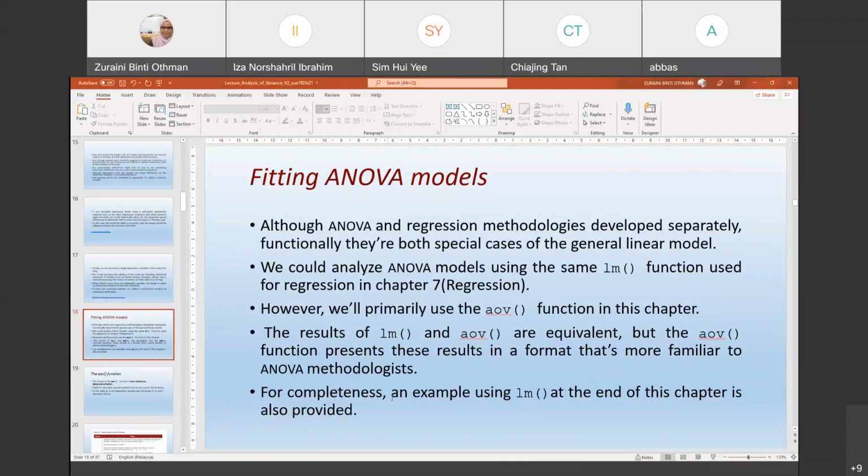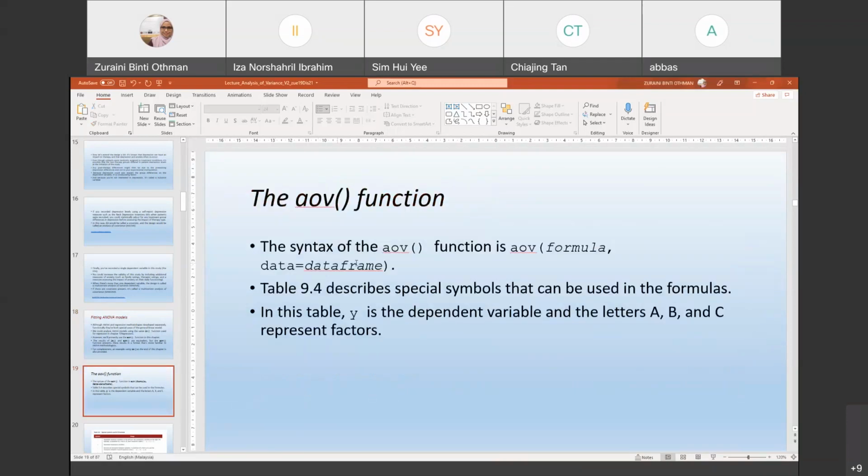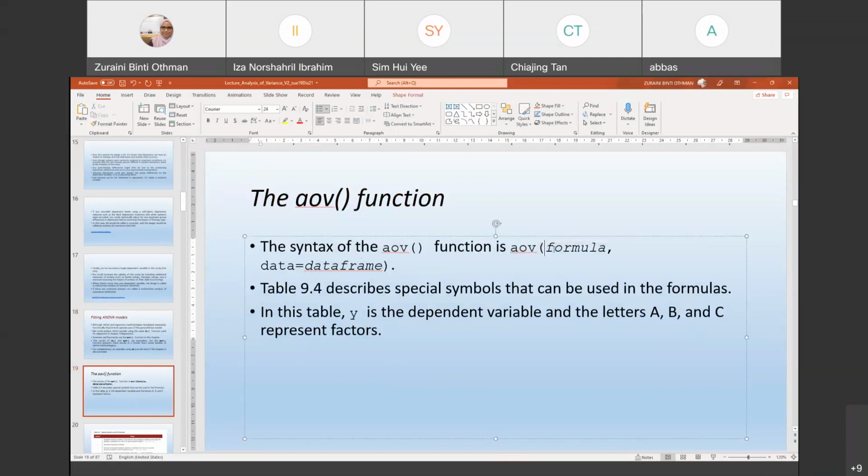This is the aov function, analysis of variance. This is the syntax. When we call aov, we have to put in a formula. What is this formula? You, as the one who designed the experiment, know what your dependent variable is, and you have to know what factors you want to measure.